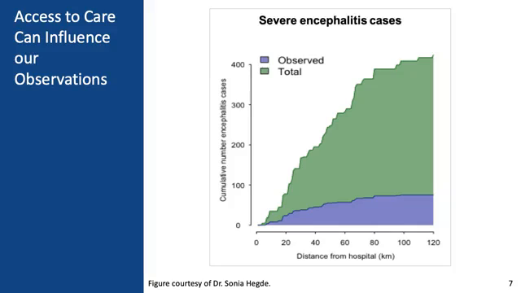So if you see the purple shaded area, you can see that most of our cases live within, let's say, 30 kilometers of the surveillance hospital. Some live farther away, but not that many. People really didn't seek care greater than 30 kilometers distance from the hospital.